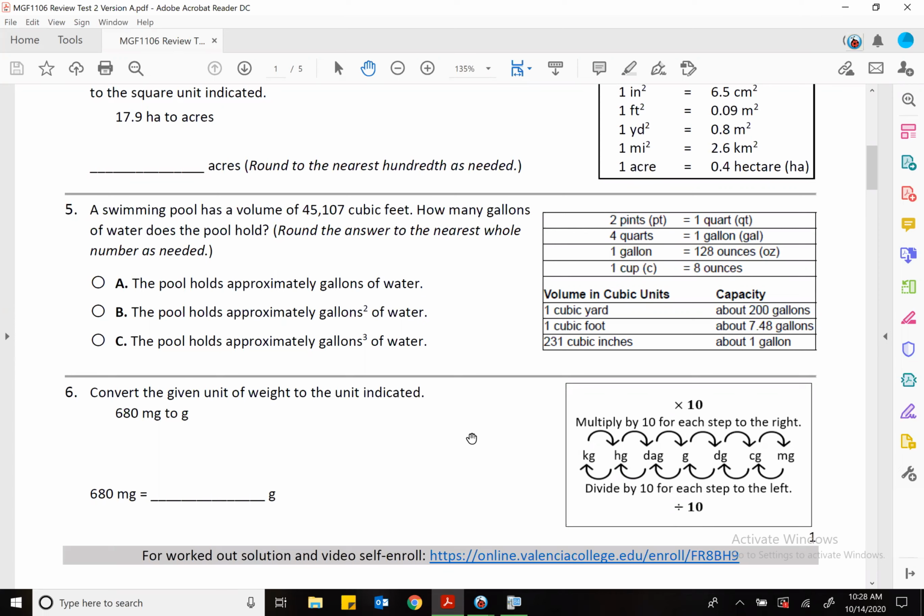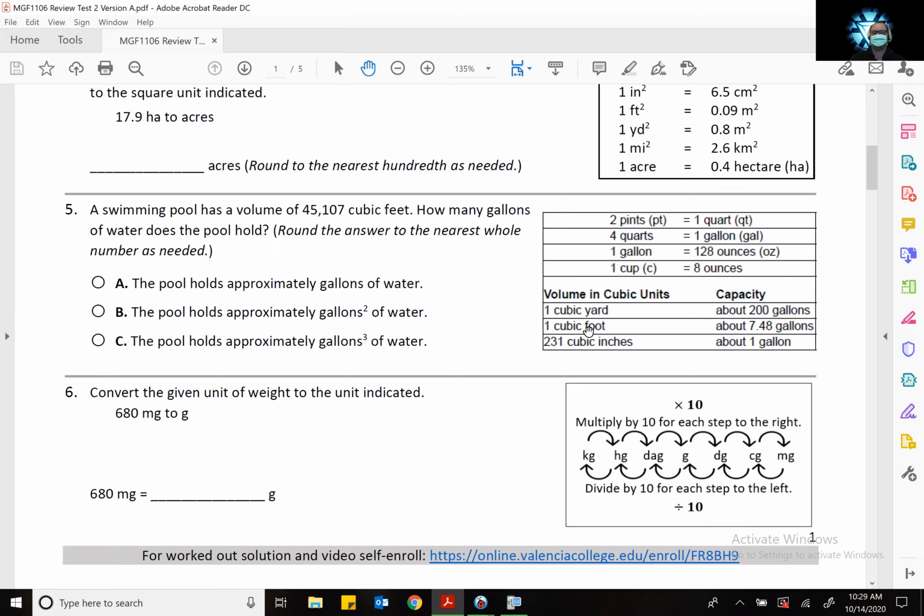The label says how many gallons. If it wanted square gallons, it would have said how many square gallons. So there's one part of your answer. Now all we have to do is figure out how many gallons it is.